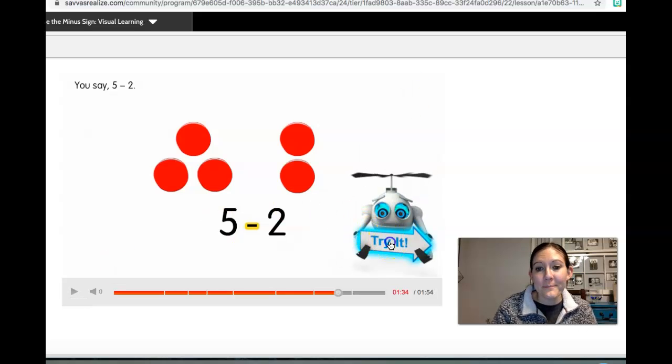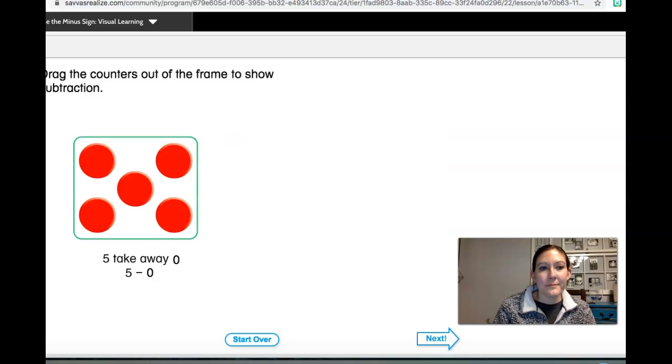Let's try it. Drag the counters out of the frame to show subtraction. 5 counters in all. Take away 1. This shows 5 take away 1, or 5 minus 1.